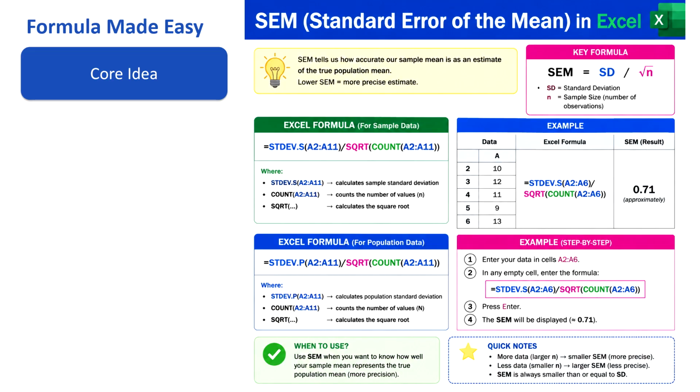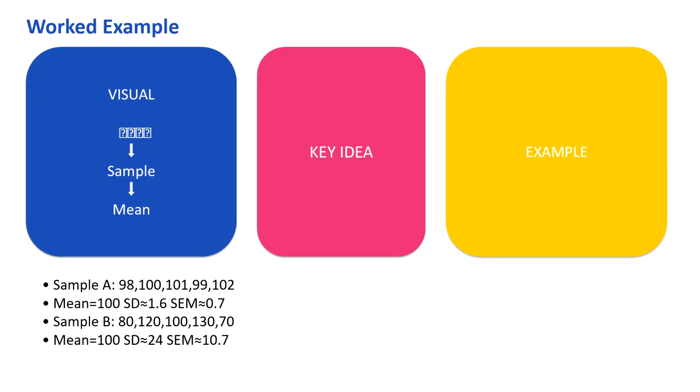Now let's see this concept with real numbers. Both data sets, if you see here, have the same mean of 100, but data set A has values tightly clustered together, if you see closely, whereas data set B is widely scattered.